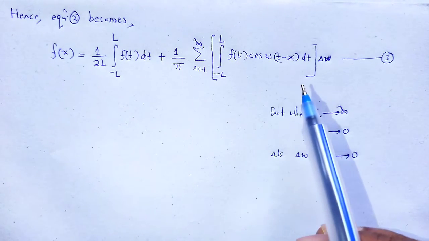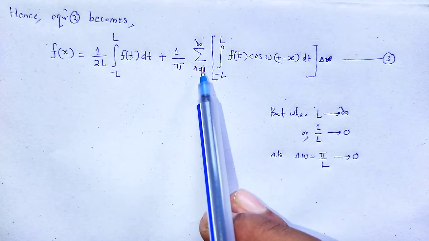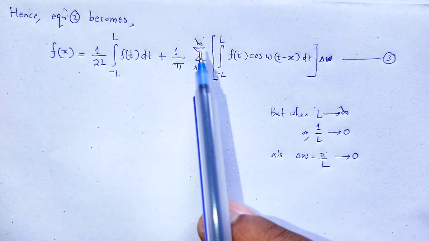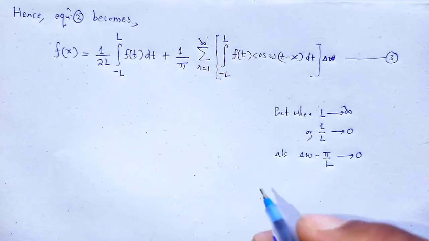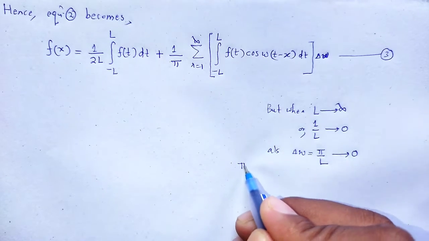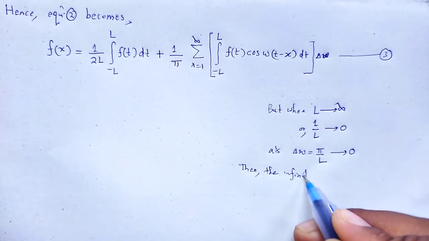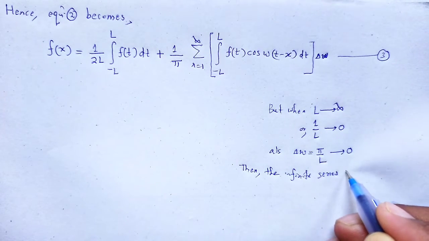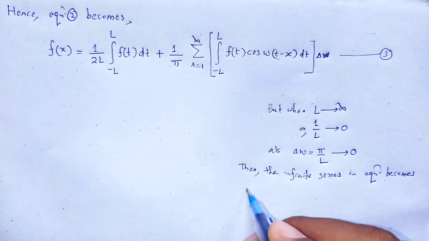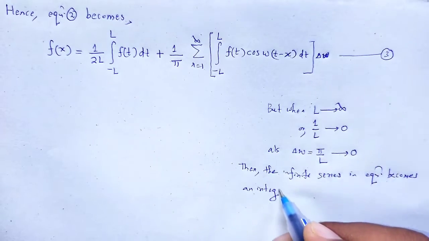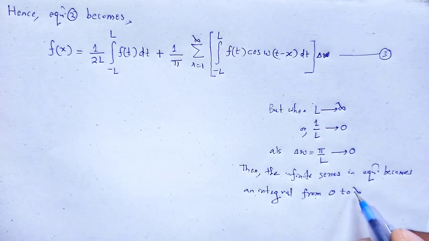That's why the infinite series in the given equation, that is n is equal to 1 to infinity, can be transformed into integral form from 0 to infinity. Then the infinite series in the equation becomes an integral from 0 to infinity.